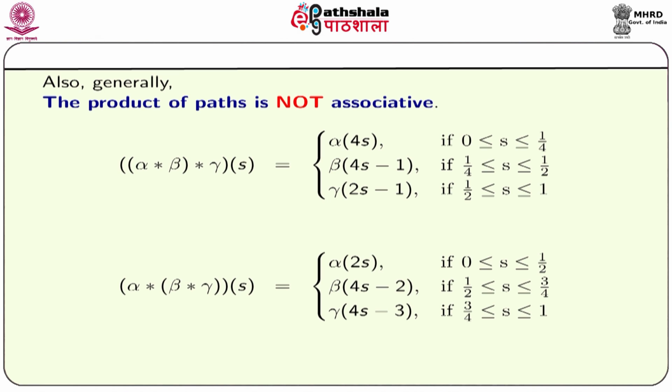So, we get the description of alpha star (beta star gamma) as alpha(2s) when s lies between 0 and half, beta(4s minus 2) when s lies between half and 3/4, and gamma(4s minus 3) when s lies between 3/4 and 1. For defining a composition on this collection of paths, any two paths need to be compatible for product.